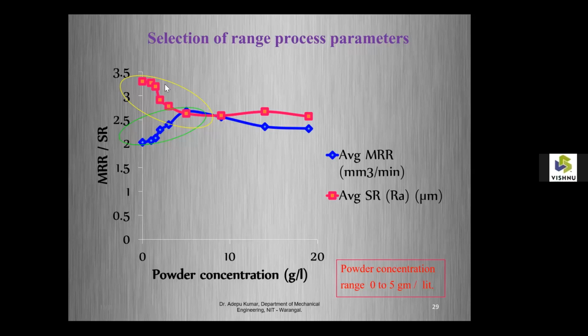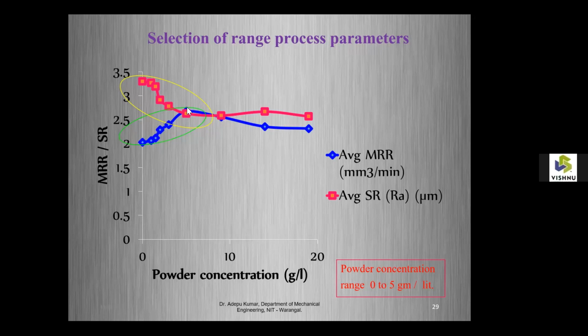And in the other way, this red line is the average surface roughness. Normally in a conventional machining process, take any conventional machining process, as metal removal increases, the surface finish decreases, or the surface roughness increases. Understood?